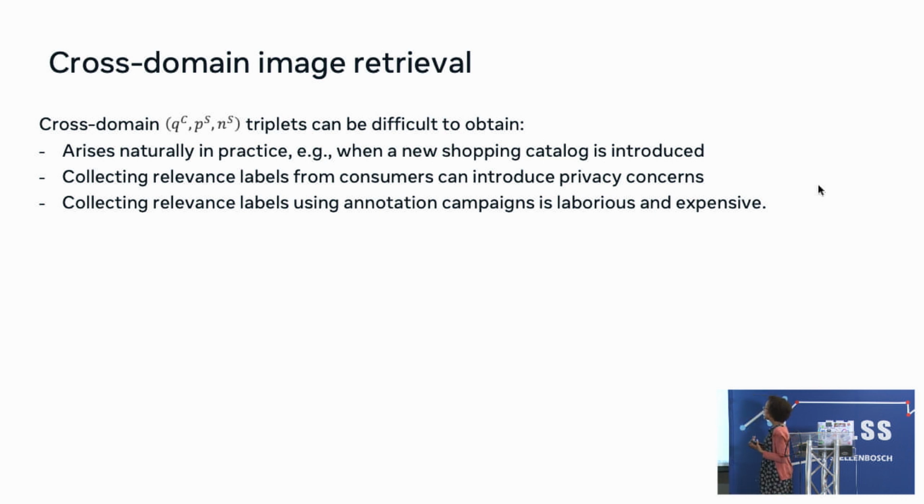In a real-world scenario, if you have a new shopping catalog and you don't have labels, you're not going to know what's relevant to my item and what's not relevant, so you can't construct the triplets. Of course, you can decide to collect it, but we already mentioned we don't want to do that. It's very expensive to collect new data, so we want to avoid that.